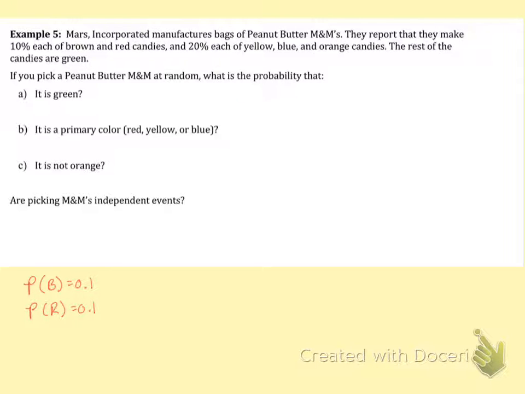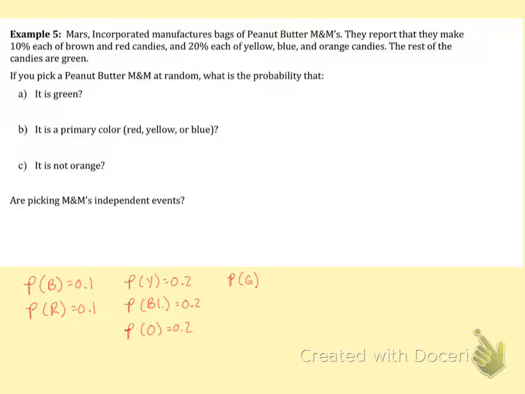And then we were told that the probability that a candy is yellow is 0.2. The probability that a candy is blue, I'm going to use BL for blue, is also 0.2. And the probability that a candy is orange is 0.2. And we need to find the probability that a candy is green.